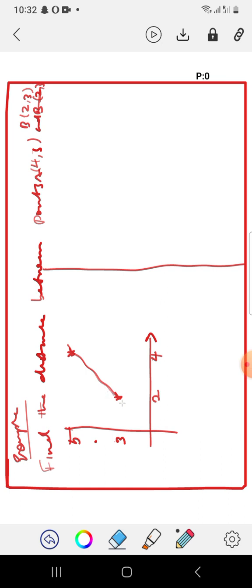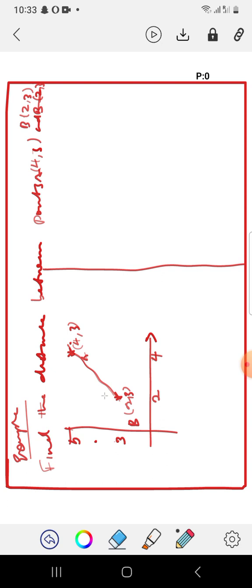This point here is B, 2,3, and this is A, 4,5. All right, so we are finding the distance between the two of them.